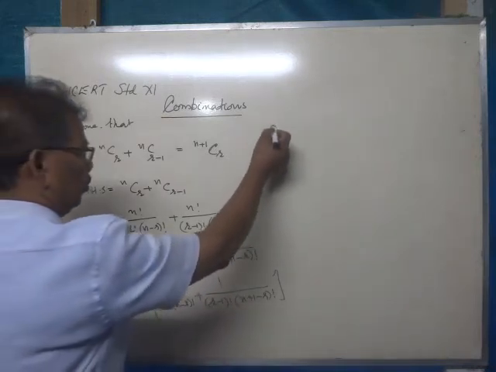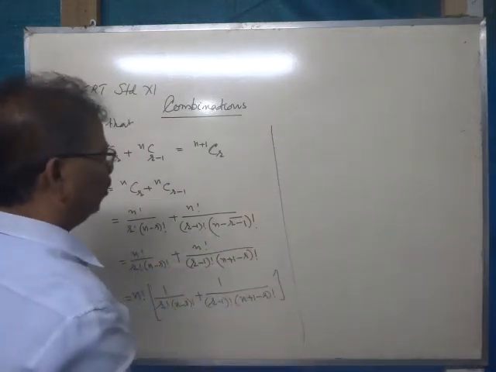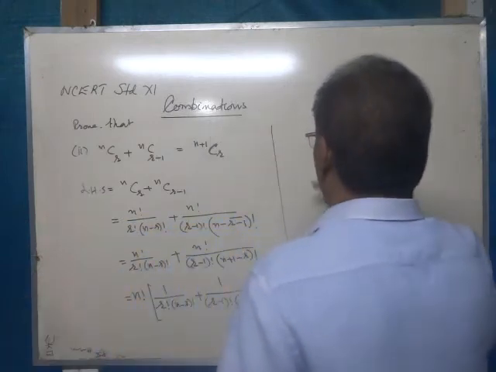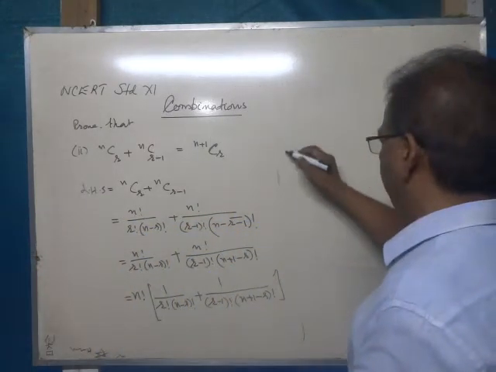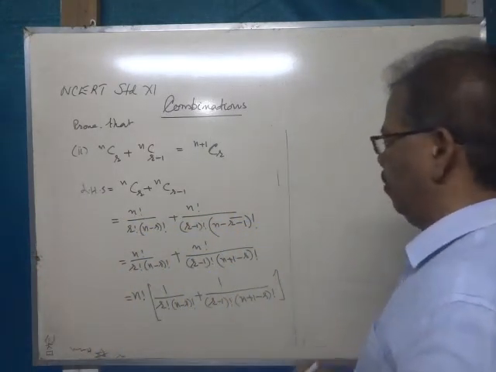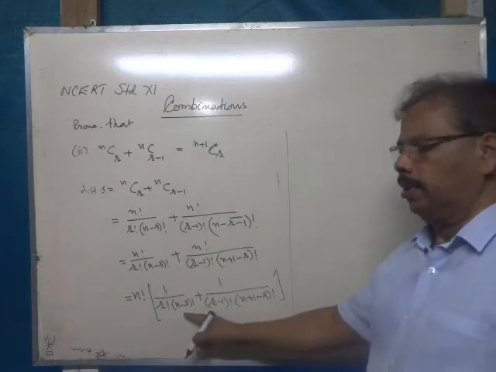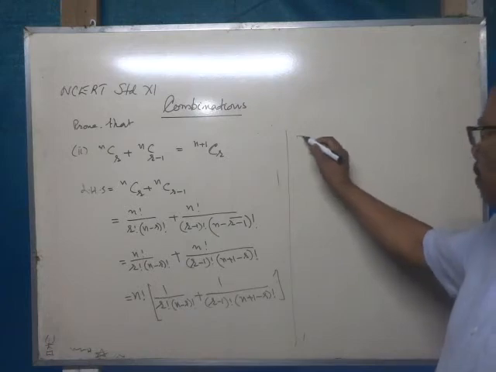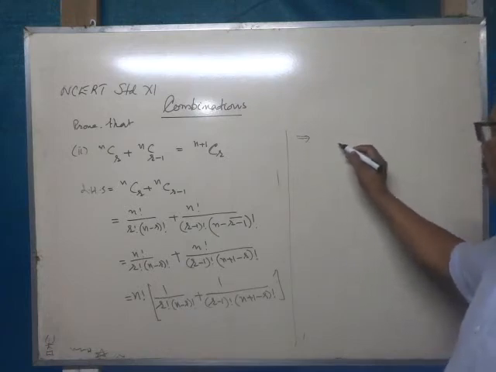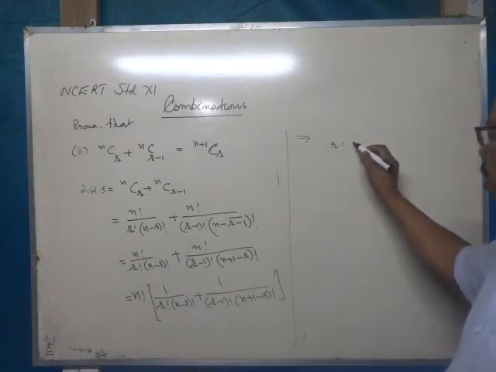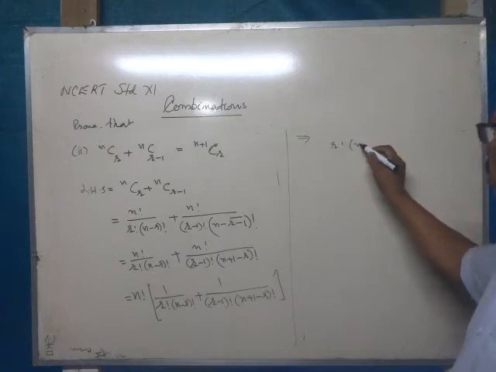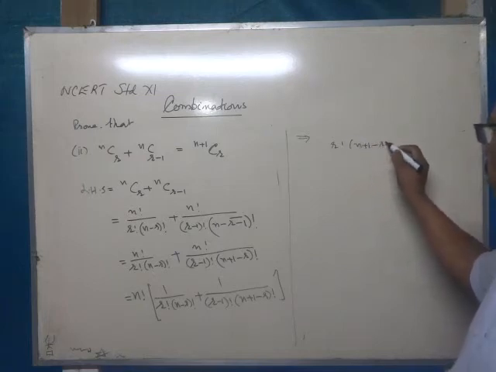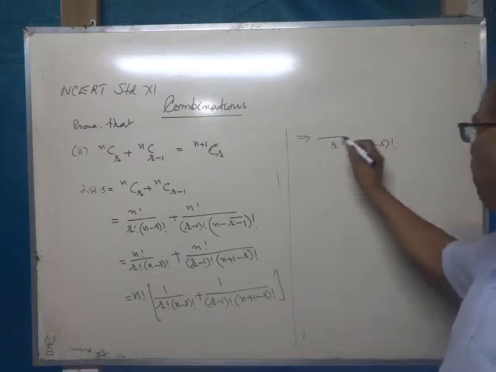Now, here see, LCM is n factorial into r factorial into (n plus 1 minus r) factorial.